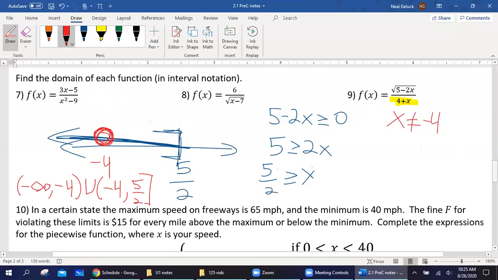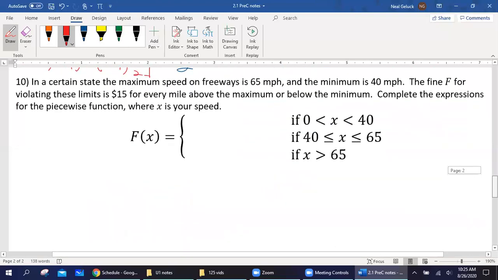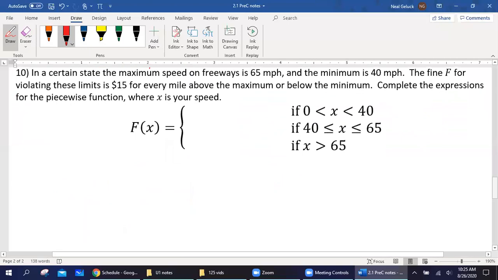For the last one on this section, we've got ourselves a word problem that deals with a piecewise defined function, which again is a different function for different parts of the domain. So the speed limit is 65 miles per hour, minimum is 40. So we've got a $15 fine for every mile above the max or below the min.